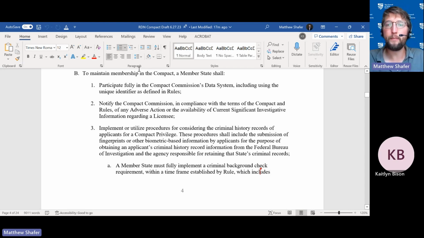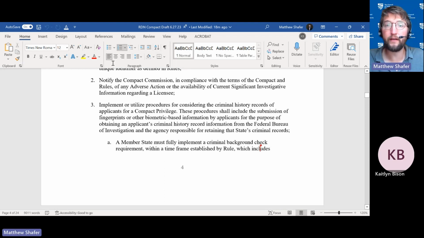For all of these licensure compacts that exist, the backbone is the data system that houses information about licensees, and states are uploading information into the data system, sharing information with one another about who's using the compact and any pending ongoing investigations or any board actions taken against a licensee. So the state has to participate in that data system in order for the compact to function.